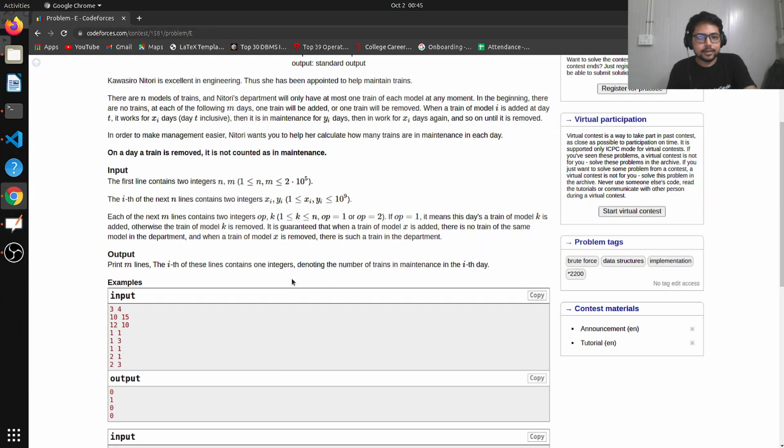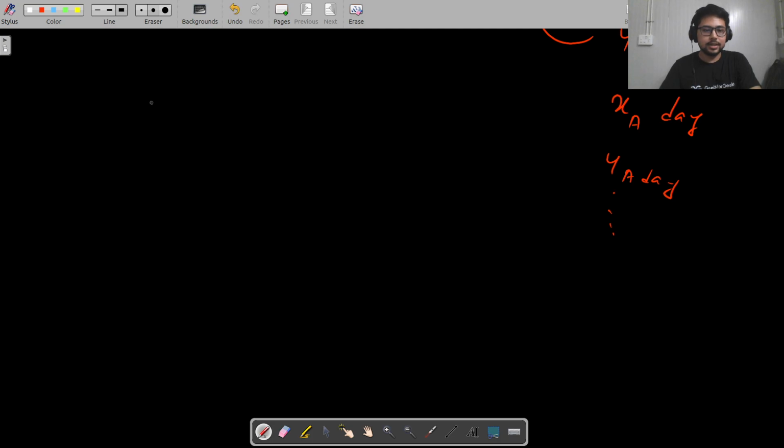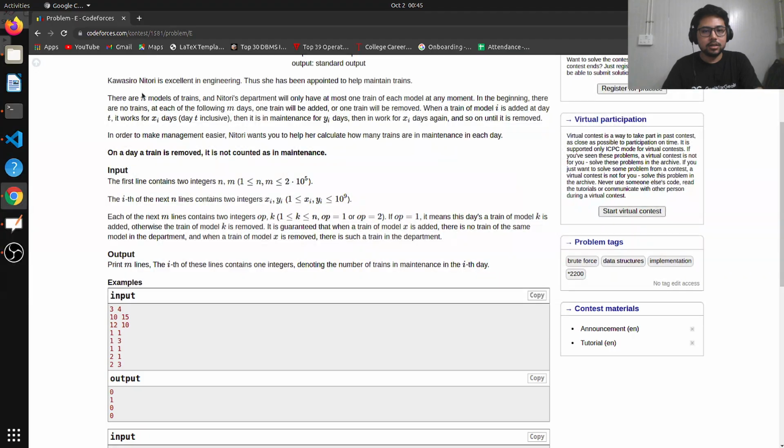In order to make management easier, Nitori wants you to help her calculate how many trains are in maintenance on each day. Basically, there will be m days, as mentioned in the question.